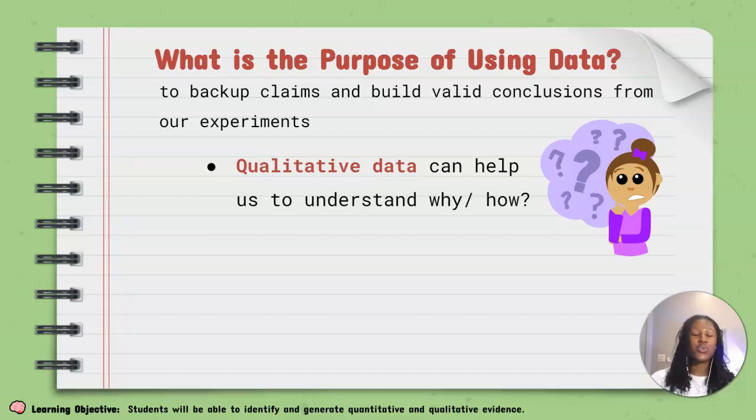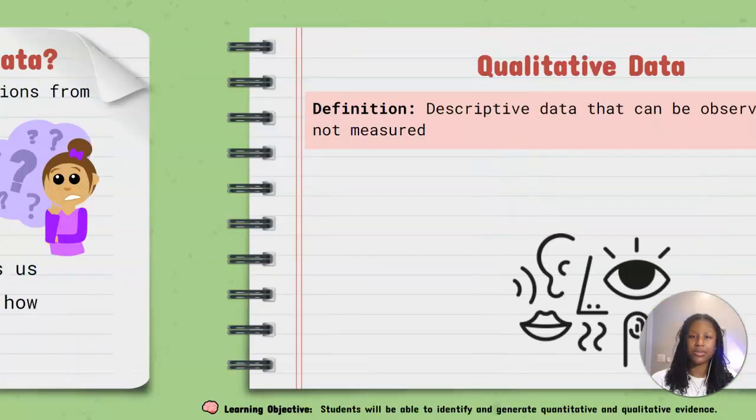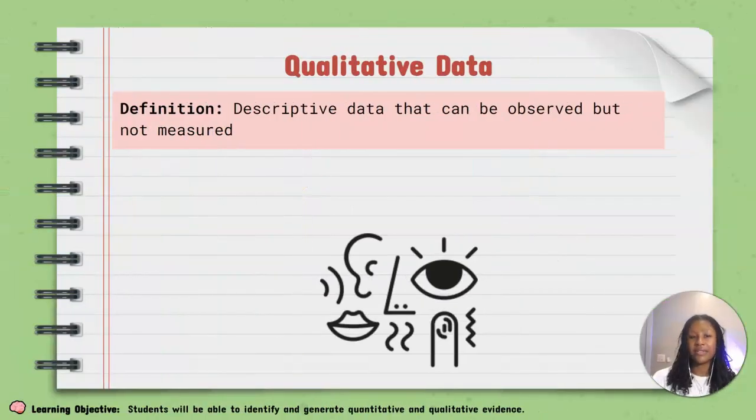Qualitative data is really helpful for helping us to understand why or how a phenomenon happens. On the other side, we have quantitative data, which tells us how many, how much, or even how often something occurs.